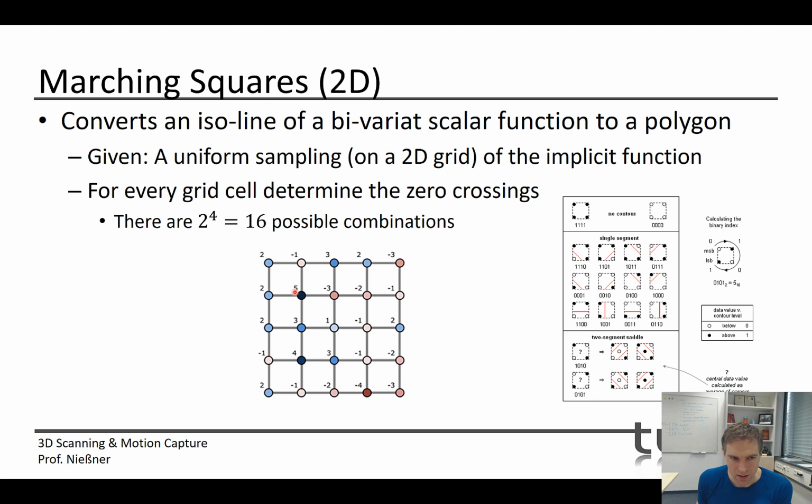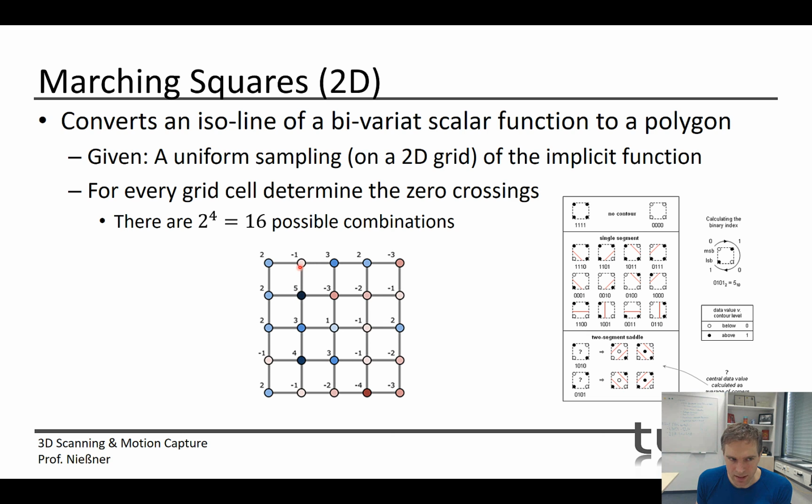Correct? Now, if you look at this cell here, you already know that if one value is negative and others are positive, you know there must be a surface in it, right? And you just look at the signs here, right? Negative, positive, positive, positive.